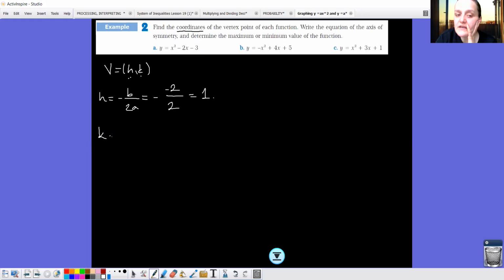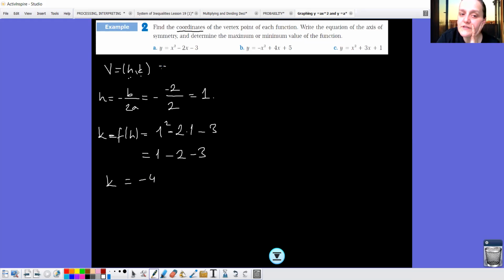To find k, I'm writing the h value instead of x. So it will be 1 squared minus 2 times 1 minus 3. So this one is 1 minus 2 minus 3, and k will be minus 4. So the coordinates of the vertex point are 1 and minus 4.